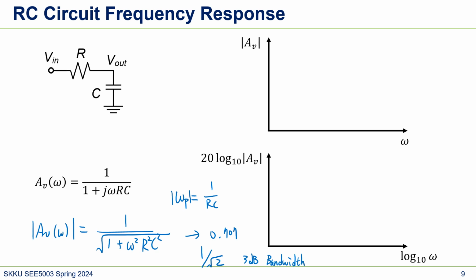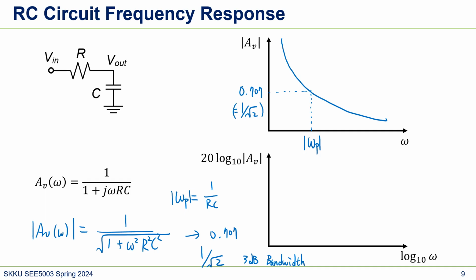So let's draw it. If we increase R here, it's like this, and we can also note the important frequency, which is the pole, and this will be 0.707, or 1 over root 2.